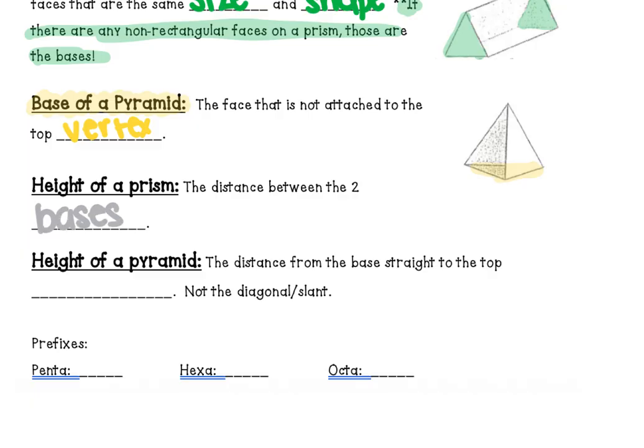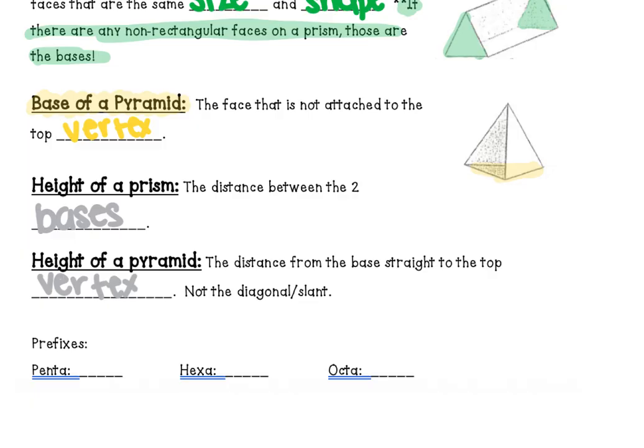We're done with the colors for now. And then the height of a pyramid is the distance from the base straight to the top vertex. It is not going to be the diagonal or the slant. So if I'm looking at a pyramid, the height is not going to be on this diagonal. It's going to go straight to the top vertex, and I'll show you in a second how to see that.